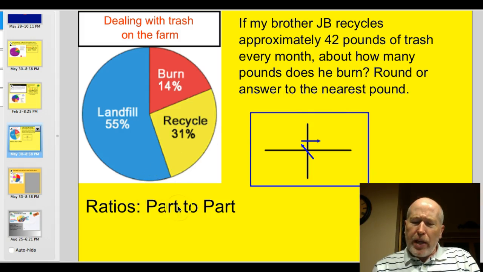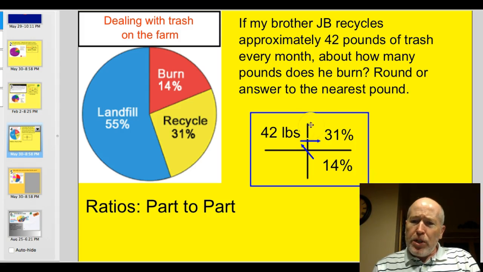Well, I want to remind you that we can set up ratios not just top to bottom as a fraction, but ratios going side to side. So I know that 42 pounds of his recycling is equivalent to 31%. Really, what I want to know here is how many pounds are equal to 14%.